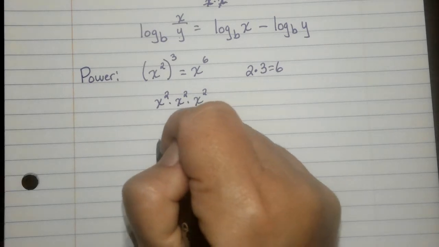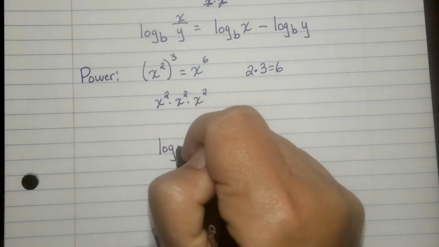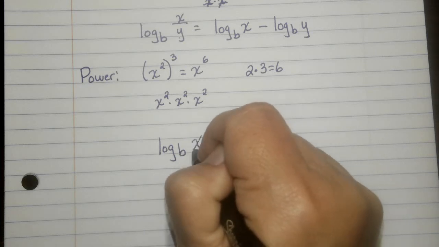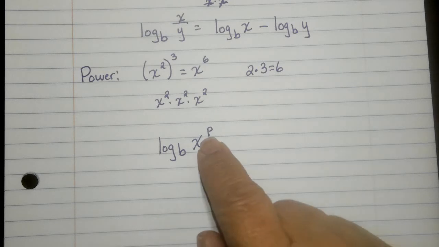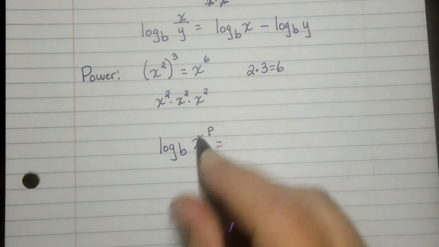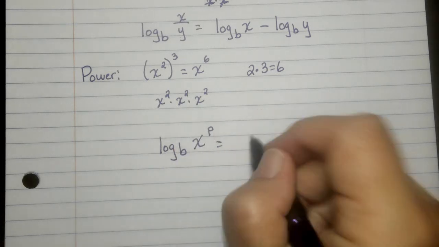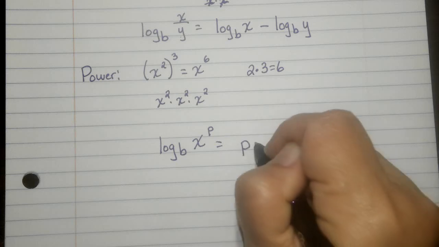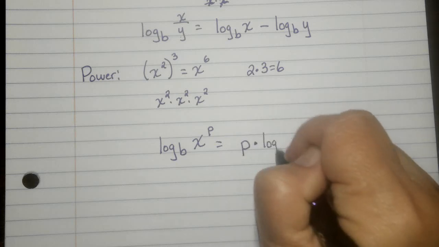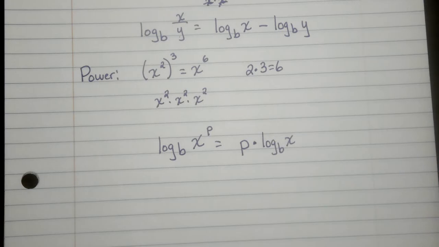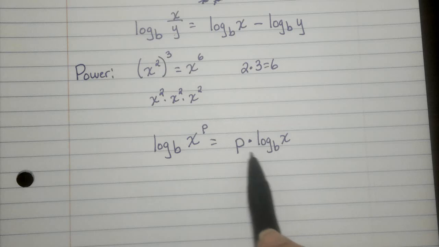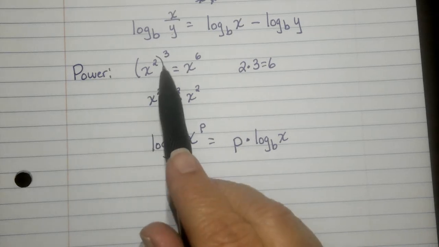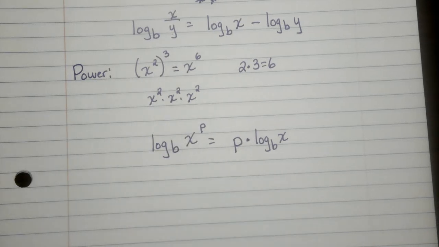It means if I have log base b of x to the p power, so when I have a power, that power is going to be a multiplier. That's going to be p times log base b of x. So the power does multiplication. Just like the exponents, power to a power does multiplication.